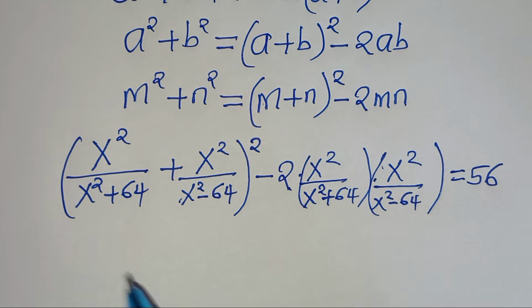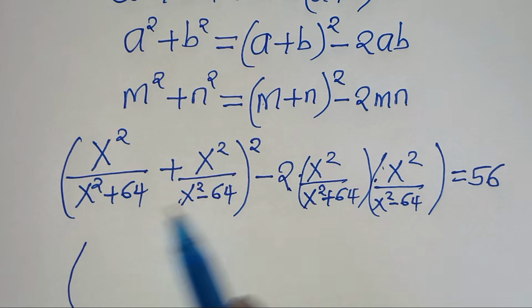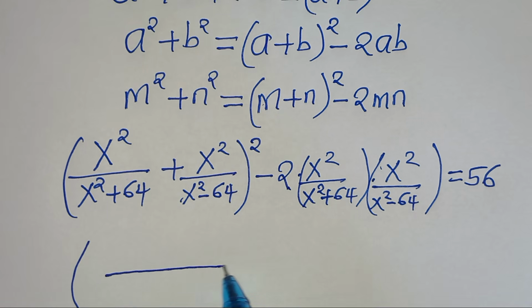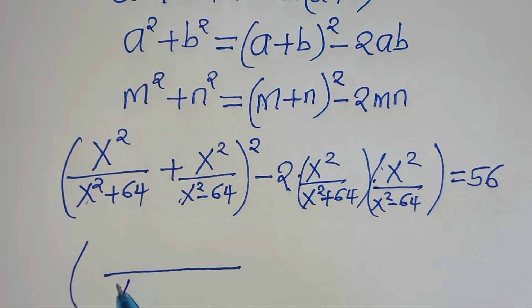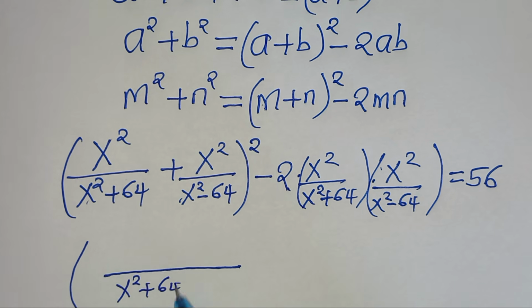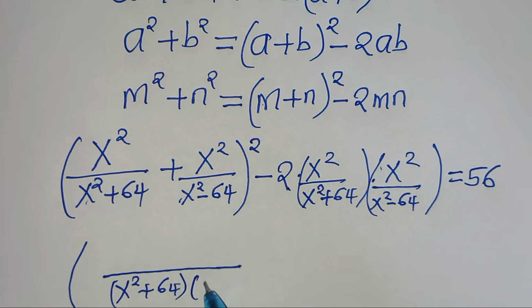Now, the next step is that the LCM is x squared plus 64 multiplied by x squared minus 64.